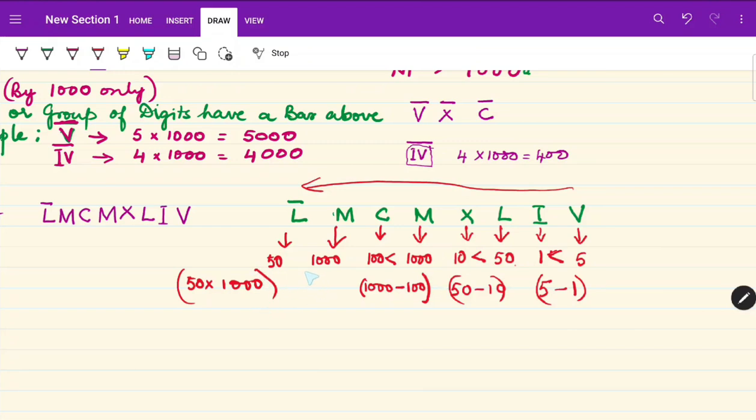And then, 50,000, this makes it 50,000. So let me change this 50 to a 50,000, obtained by multiplying, is greater than 1,000. So that means we can just add 50,000 and 1,000.